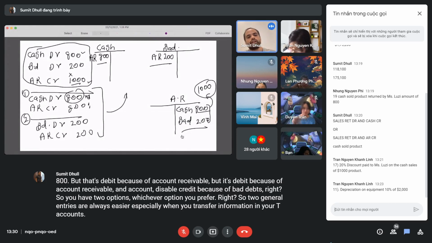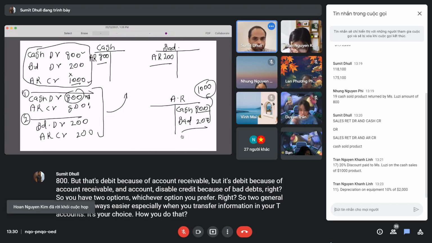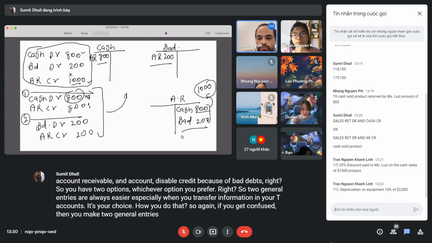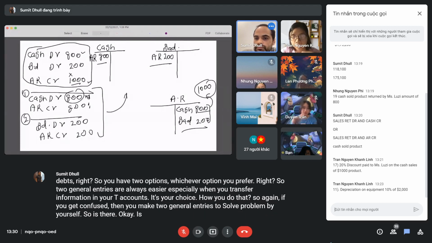It's your choice how you do that. Again, if you get confused, then make 2 journal entries to solve the problem by yourself. Is that clear now?